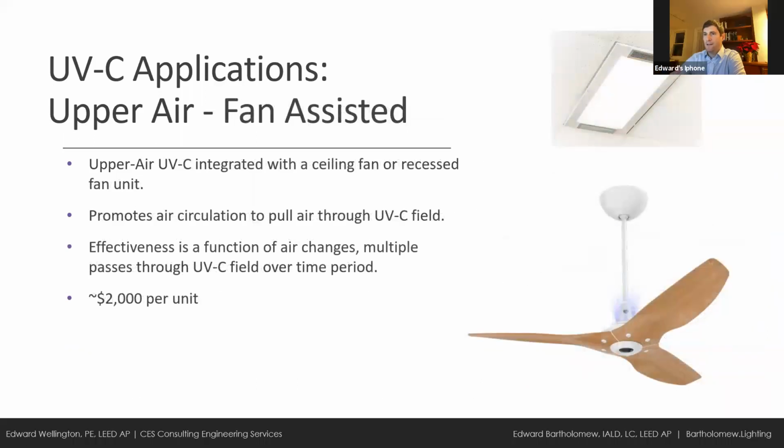So the next one that bridges the gap between HVAC and in-room is the upper air type that is fan assisted. These come in different flavors, if you will. There is a ceiling recessed version. So that light that you see on the upper right has a fan in it and a UV lamp, and it continuously circulates air.